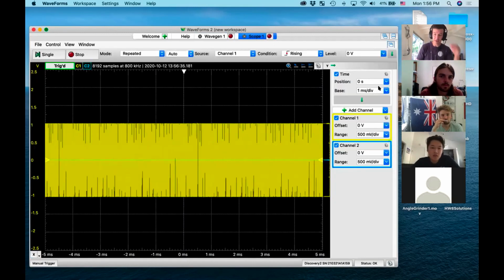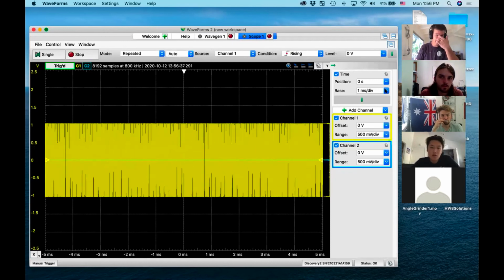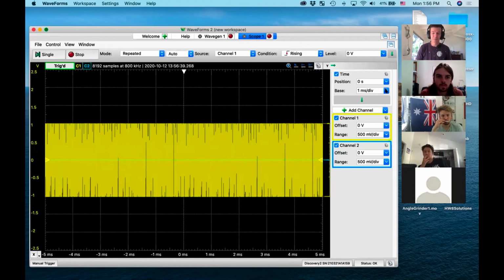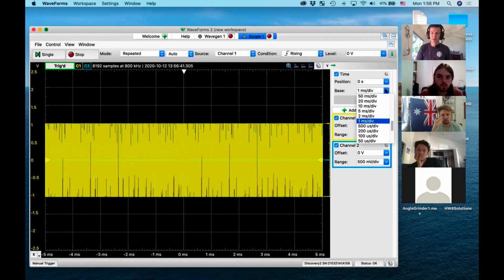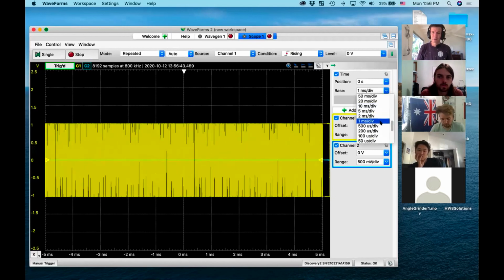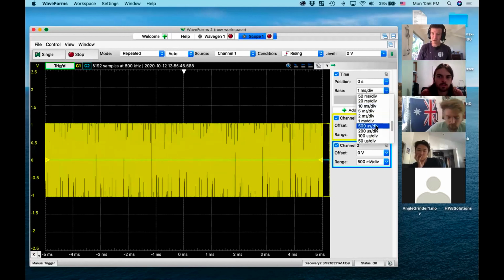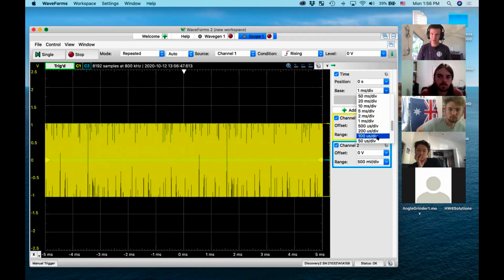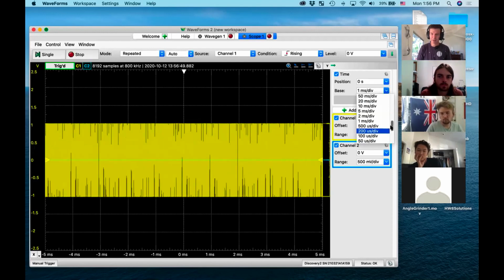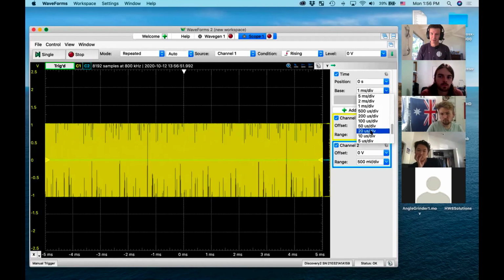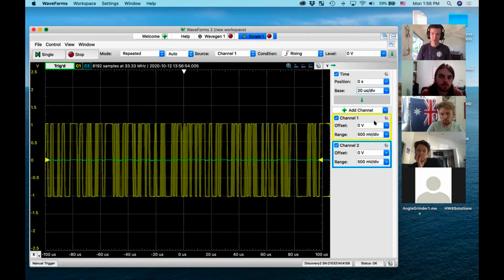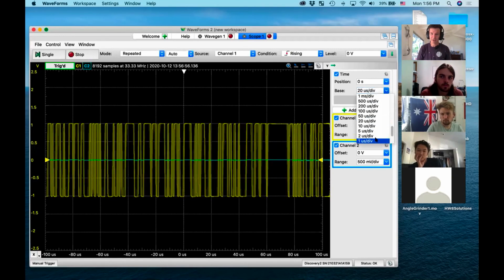So I'm going to try to dial this in the way that I would, just to show you the method. So if I've got 1 megahertz, then that's 1 microsecond per period. And so then that means I need, I think it's 20... No, I need to go one further. So 20 nanoseconds per division.